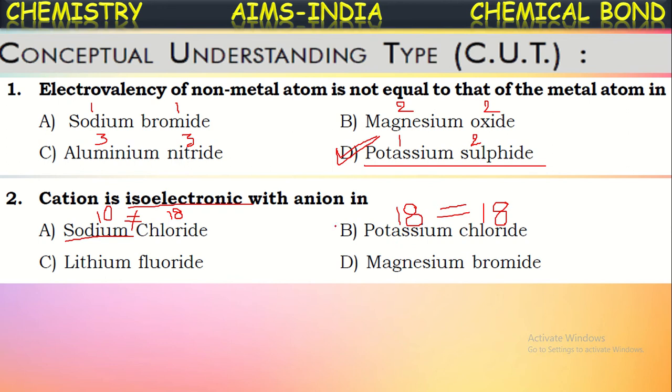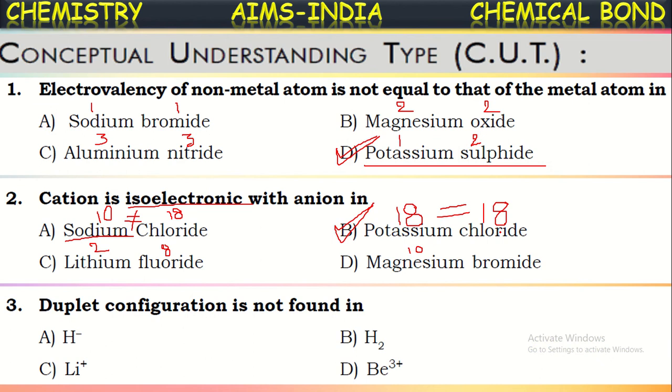Okay, this is the correct answer. If you see lithium, it will be having 2 electrons. Fluoride ion will be having 8 electrons. Magnesium ion will be having 10 electrons. Bromide ion will be having around 36 electrons. In all these cases cation and anion are not isoelectronic. In this case only both are isoelectronic.